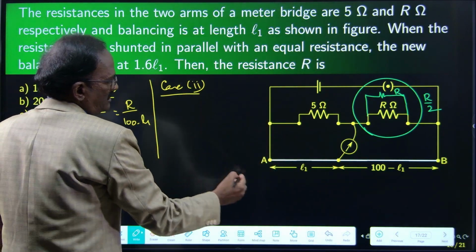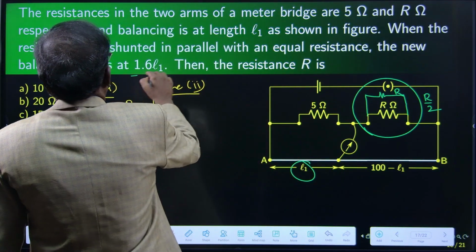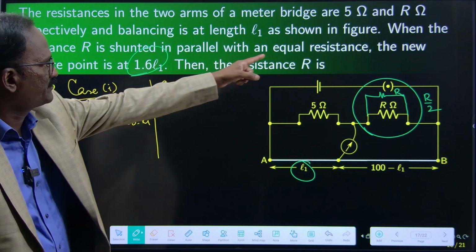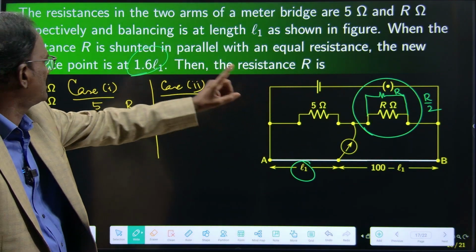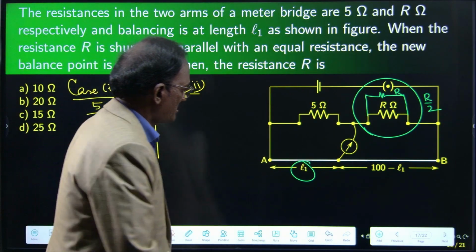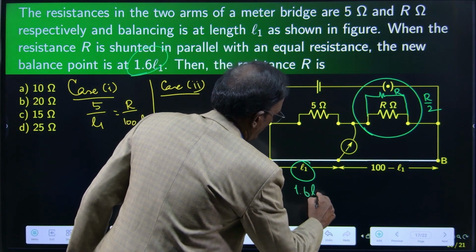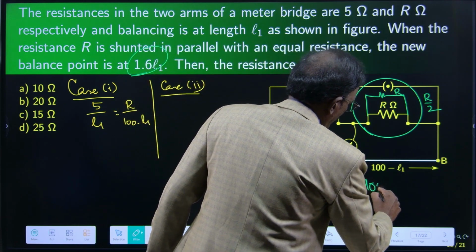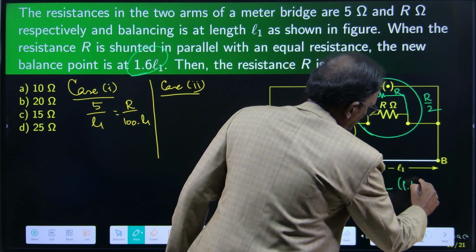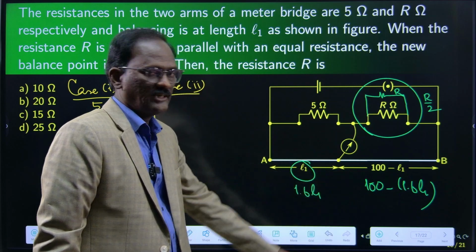So 5 divided by, this is now becoming 1.6 L1. Yes. Look at the statement. When the resistance R is shunted in parallel with an equivalent resistance, the new balance point is 1.6 L1. So now for the second case, this is 1.6 L1. Then this will be 100 minus 1.6 L1, the remaining value.